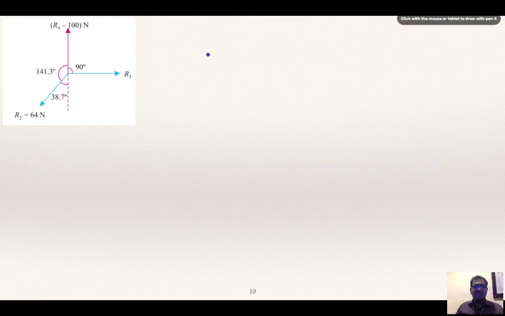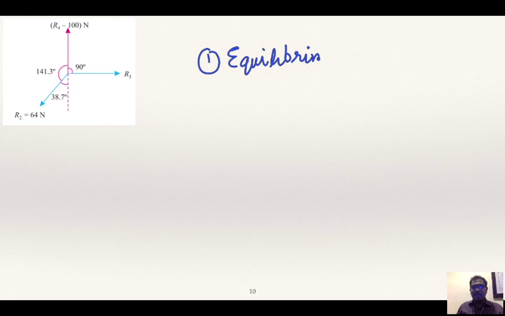The first thing is, when you have a problem, you can solve it using either the equilibrium conditions, or you can always use Lami's theorem for solving the problem. Whichever you're comfortable with, you can always solve it.